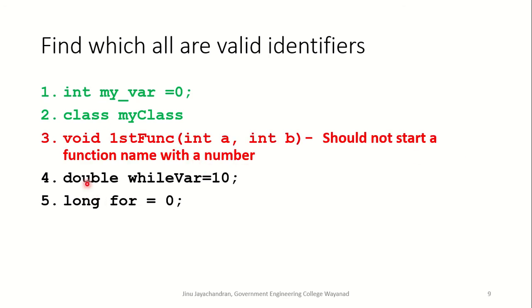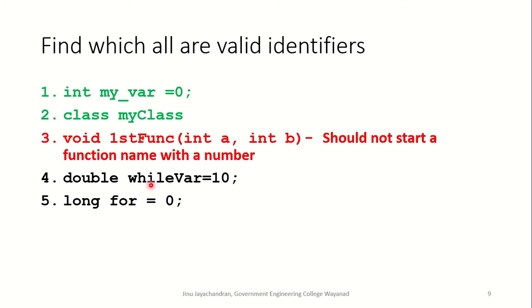Next one, double whilevar. Here the while is there as a keyword, but it is not a standalone word. It is with another 3 letters. So this whole thing, whilevar, is not a keyword. If you had declared only while, then it was a keyword and it would not be permitted.